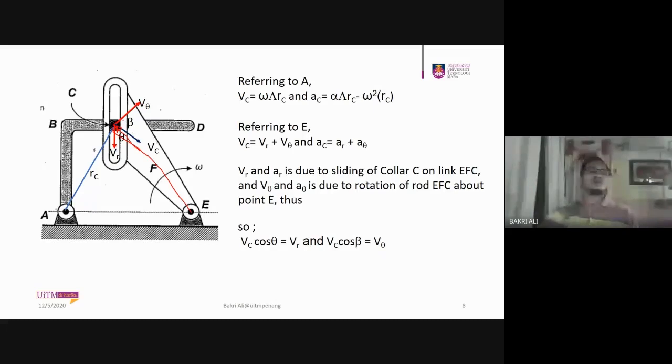You need to find the angle, and theta is the angle between VC and VR. So if we go to the real question, then it will be easier. In this case, I just need to show you how we can relate the velocity of the body and the velocity of the particle in the slotted mechanism.